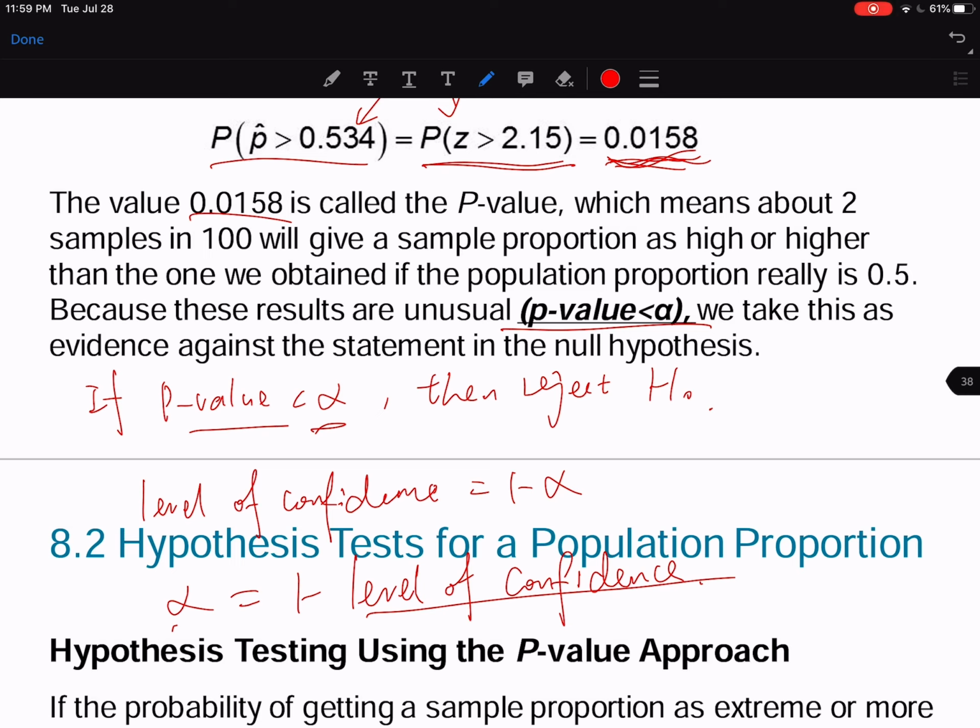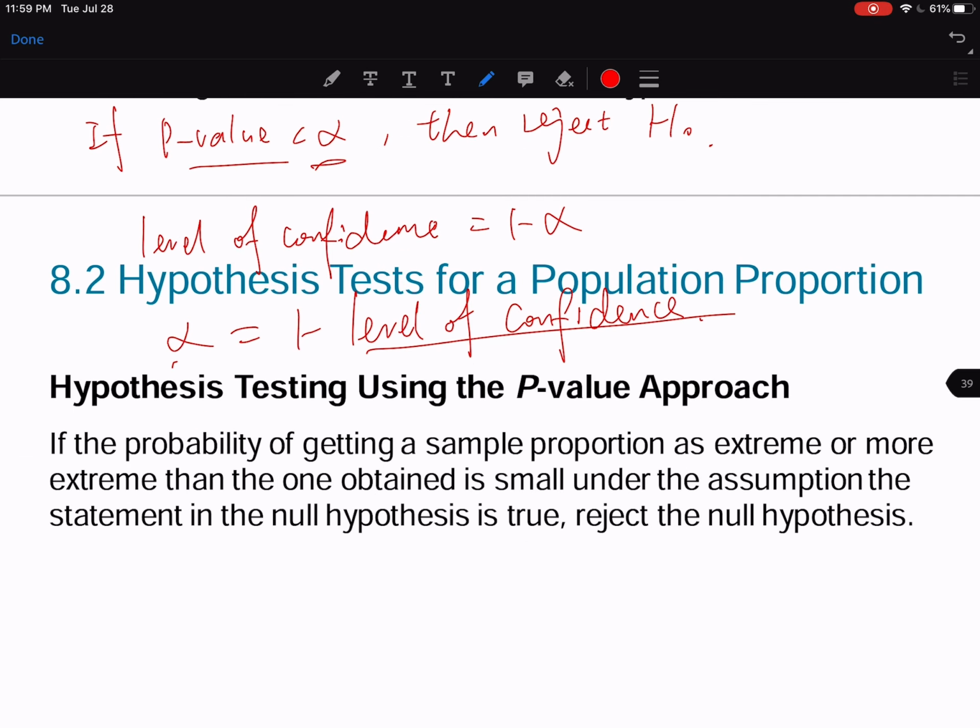But anyway, if the p-value is equal to alpha, you do not reject it. So if the p-value is less than alpha, reject the null hypothesis. If the p-value is greater than or equal to alpha, do not reject it. I wish this is clear to you. Let's take a look at this. So what is this talking about over here?